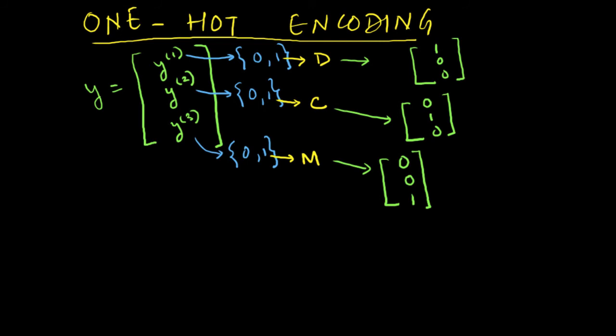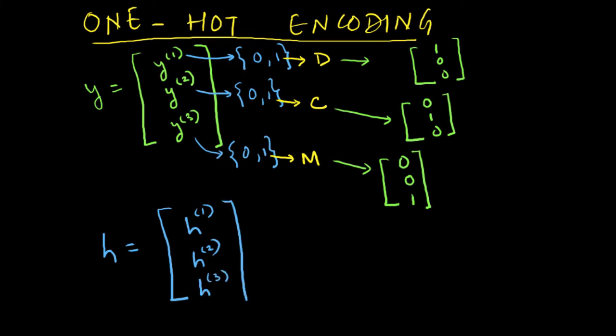So what we are going to predict is again a vector. So our h will again be a vector, h1, h2 and h3, and each of them will represent the probability of the input belonging to a particular category.